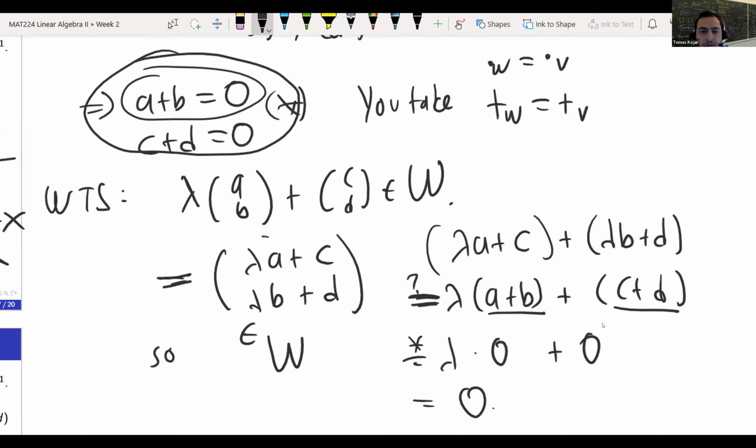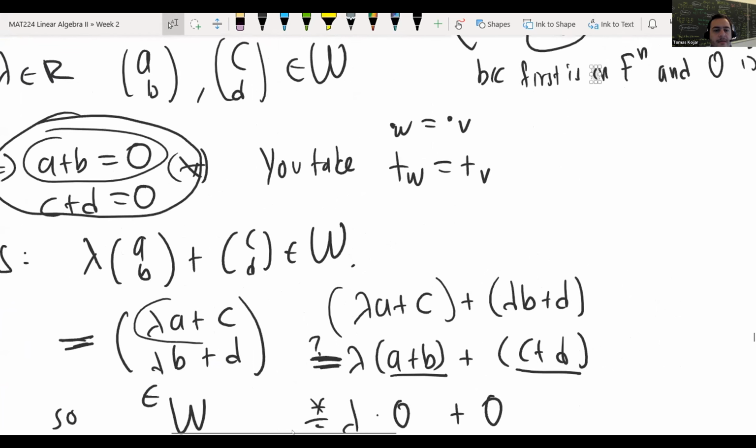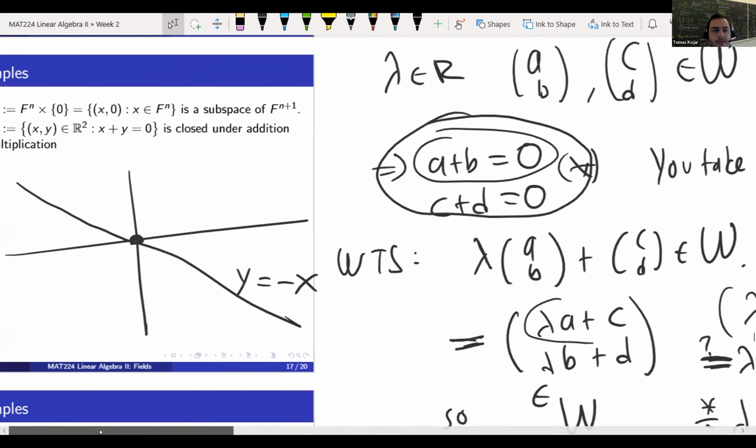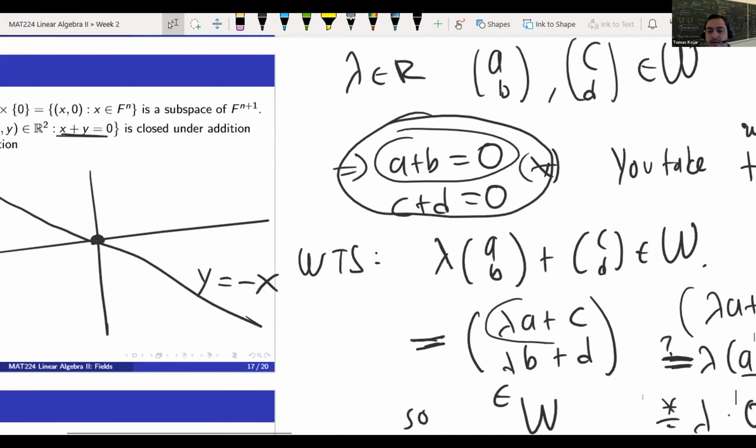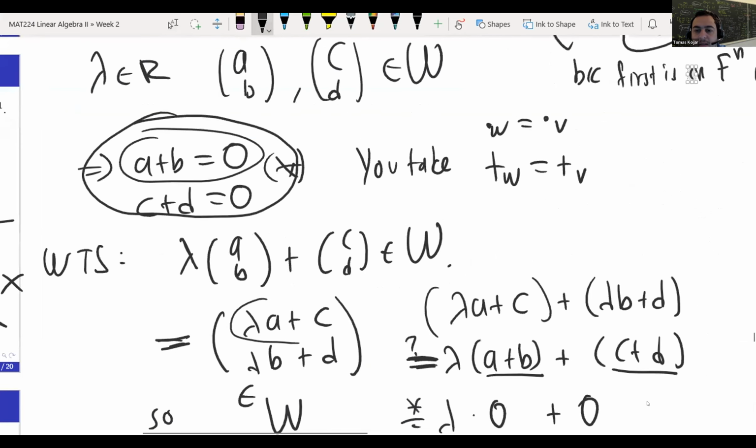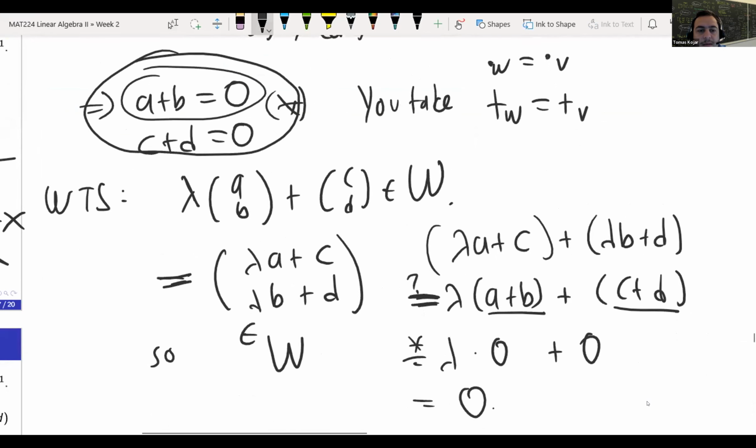So this was the definition, right? That when you add X and Y components, you get 0. So when you add them component wise, you need the two components to add to 0.